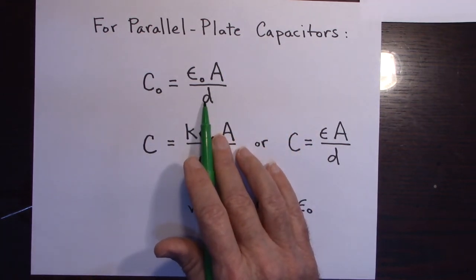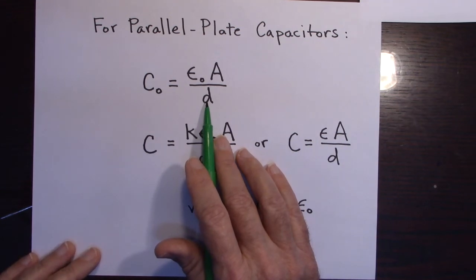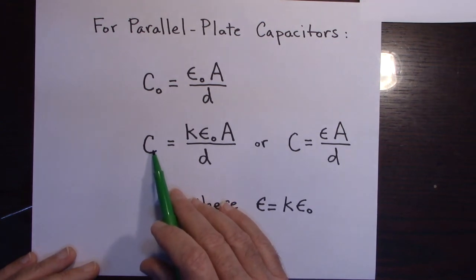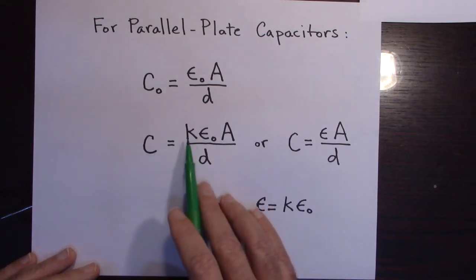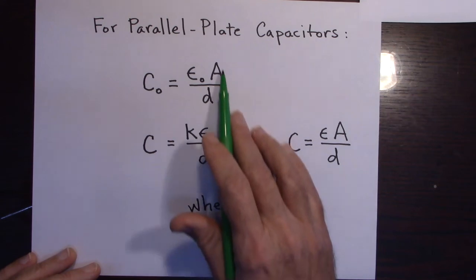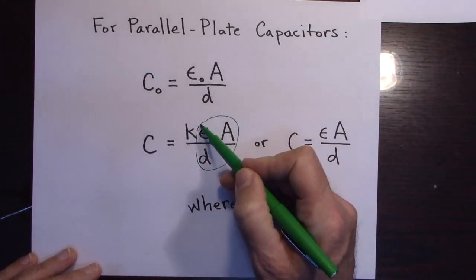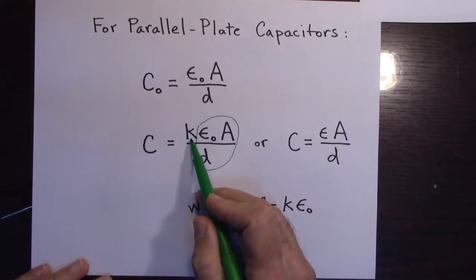I took care of that in another video. But when you put in a dielectric, you change the capacitance, and it's like multiplying the whole capacitance by some constant. That's the kappa constant.